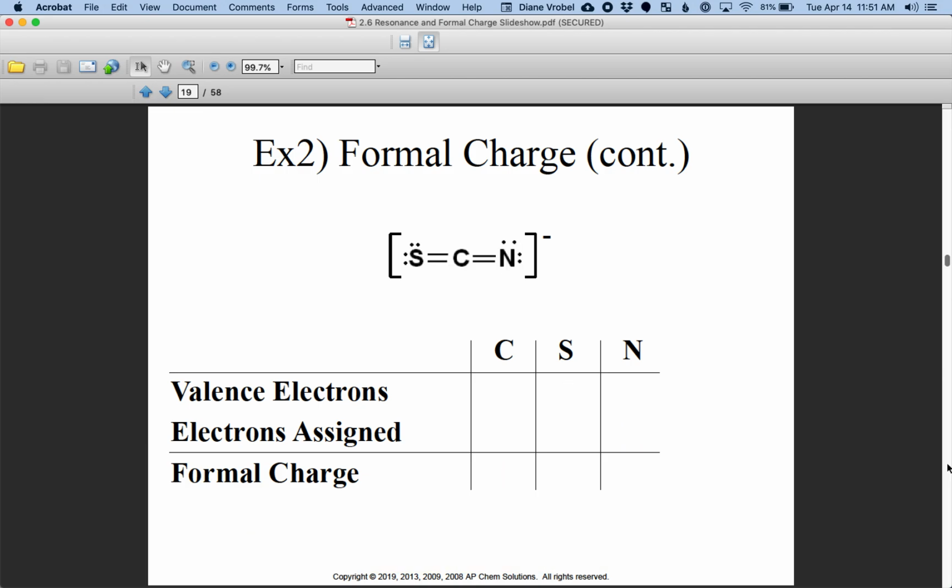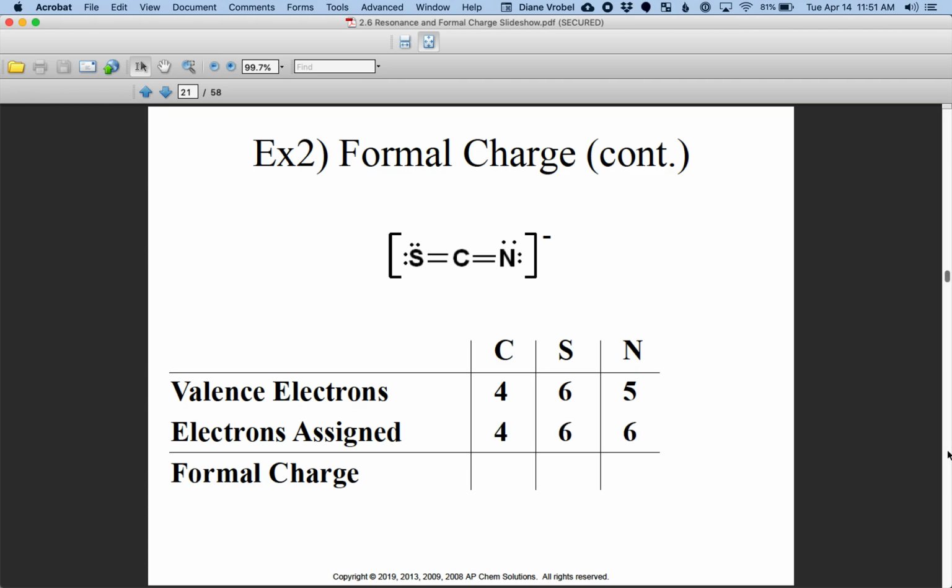So we have 4, 6, and 5 again. All right, so this sulfur has 2 covalent bonds plus 2 sets of lone pairs, so its number should be 6 underneath. Carbon has 4 covalent bonds, so it's going to have 4 electrons assigned to it. This nitrogen has 2 covalent bonds plus 2 sets, so it should have 6 assigned to it.